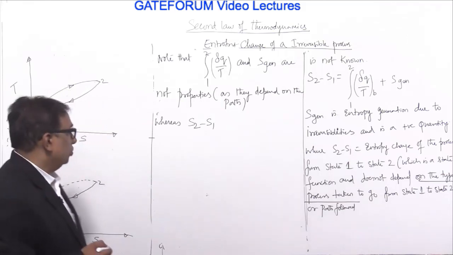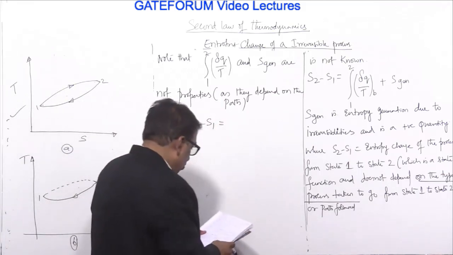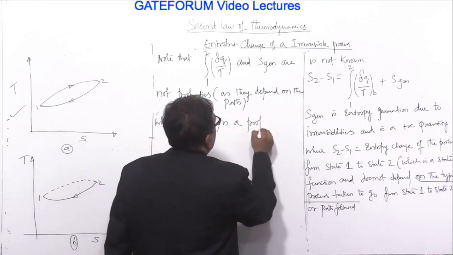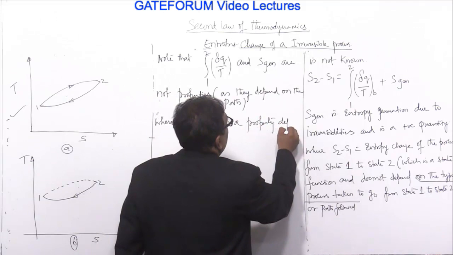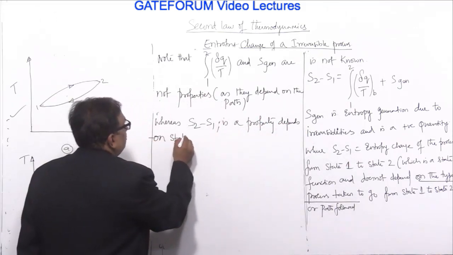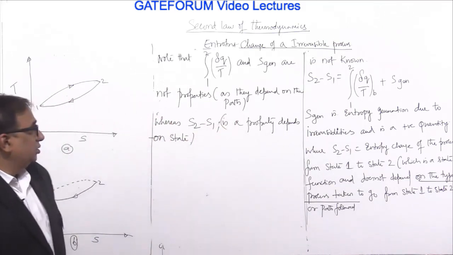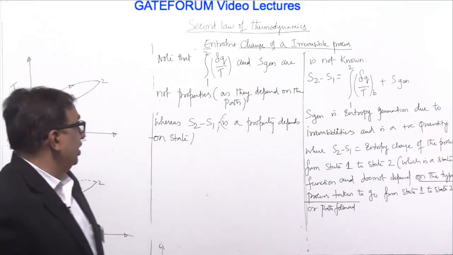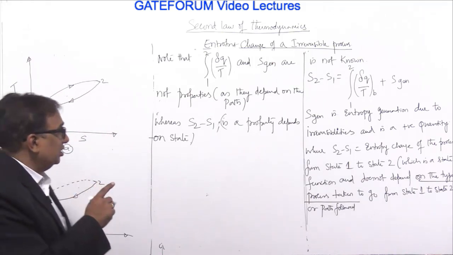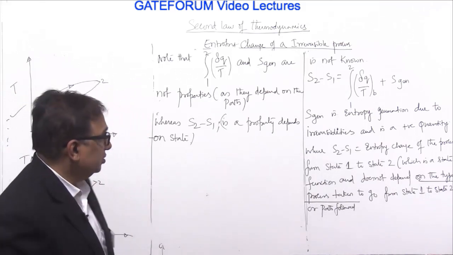S2 minus S1 is a property, a very, very important one, and depends on the state, meaning from one state to the other state. Whereas dq by T and S generation are for the irreversible process; S generation will not be there for the reversible process.